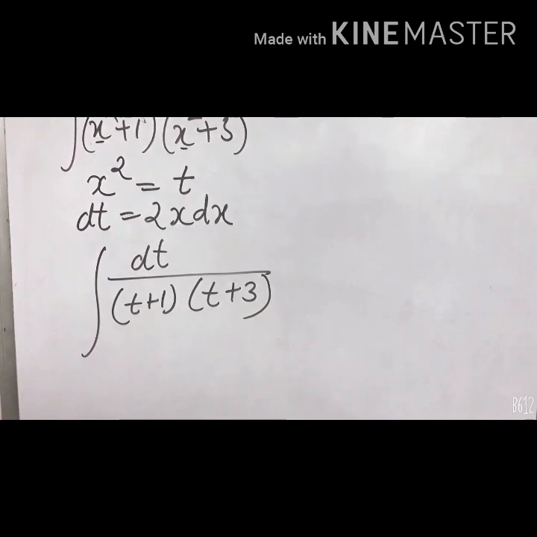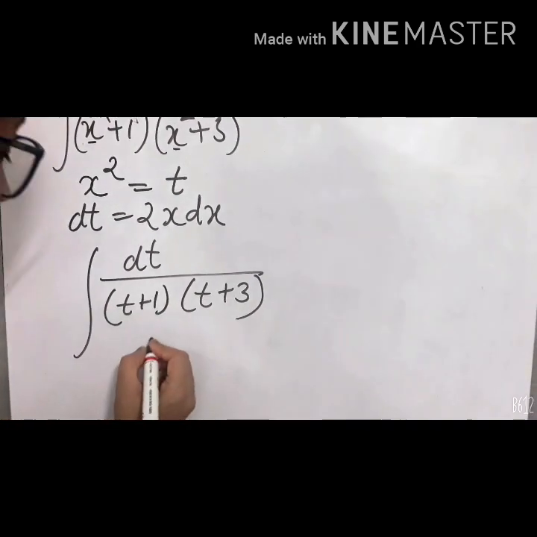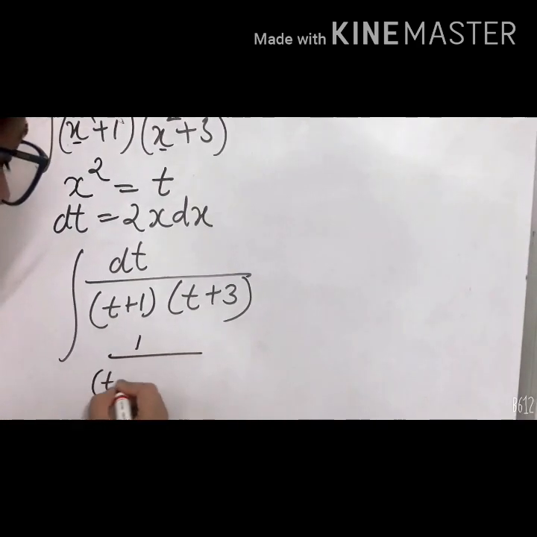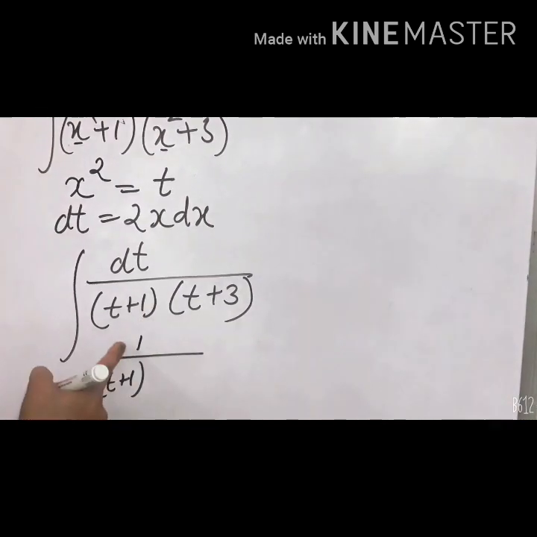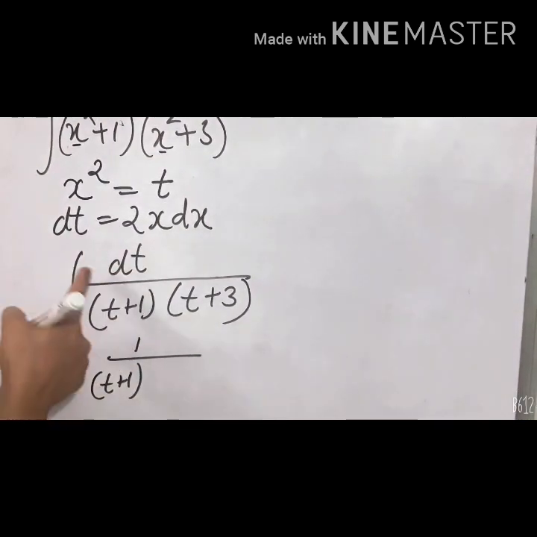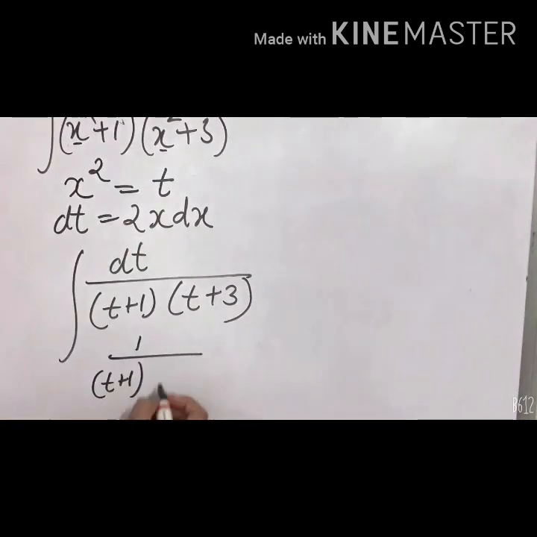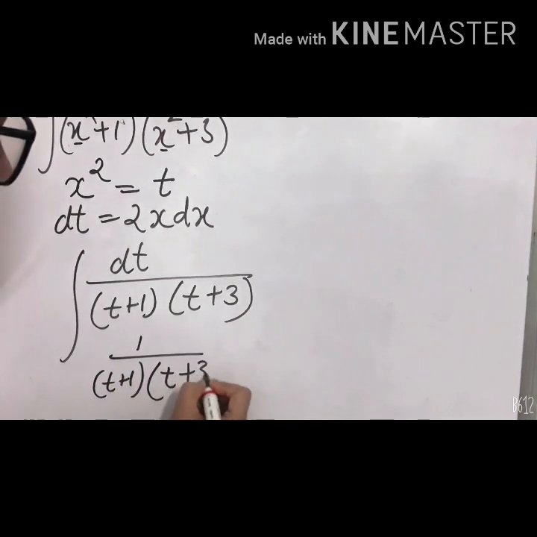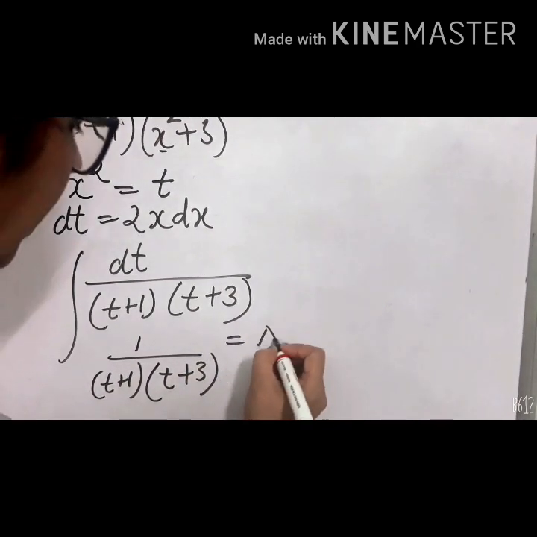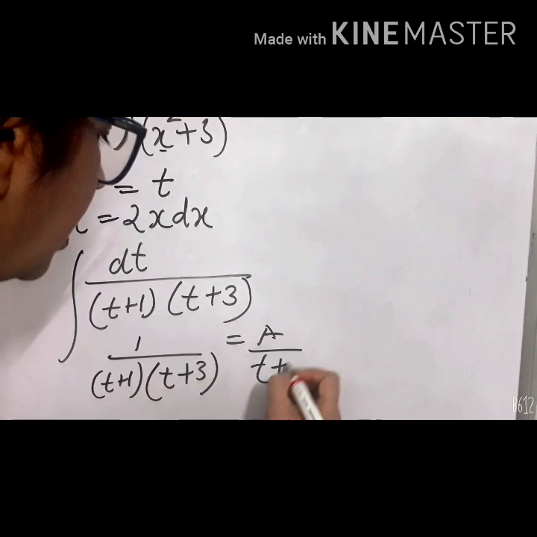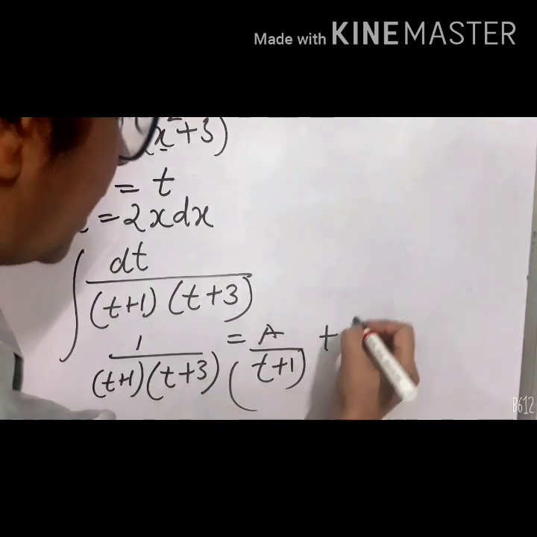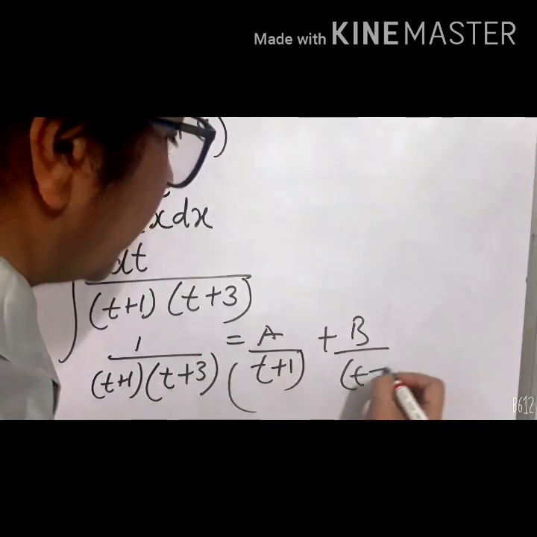Both are linear. That means I can say 1 by (t plus 1)(t plus 3) is equal to A by (t plus 1) plus B by (t plus 3). I wrote 1 here because dt with dt nothing is there, that means 1 is there. Fine.